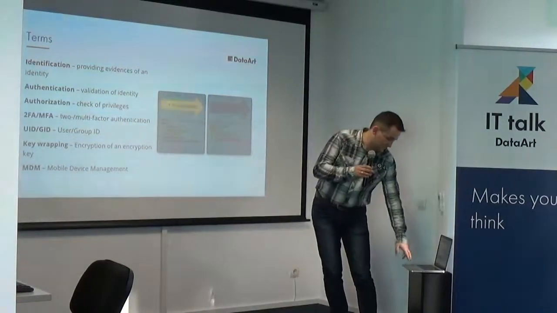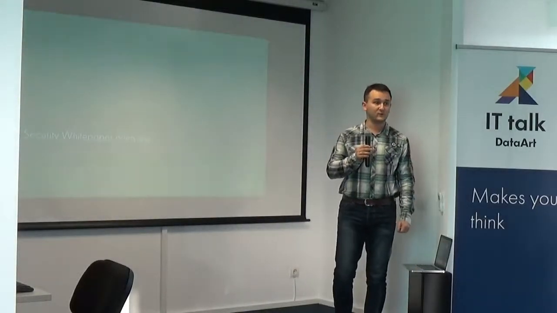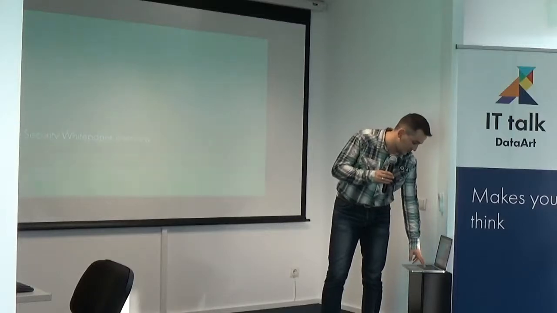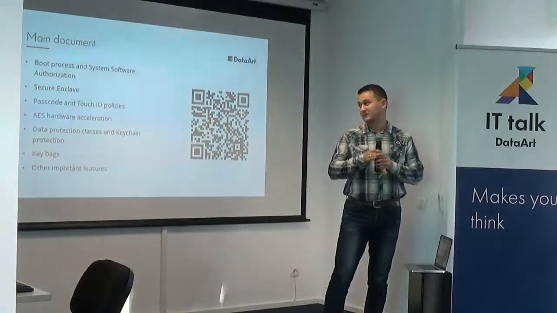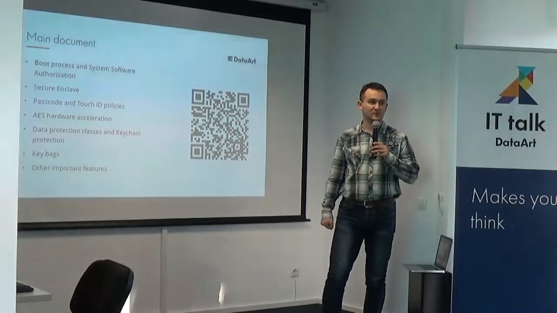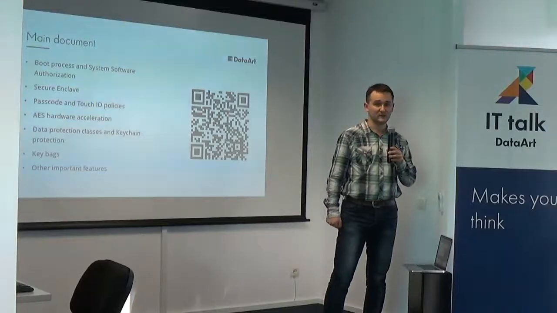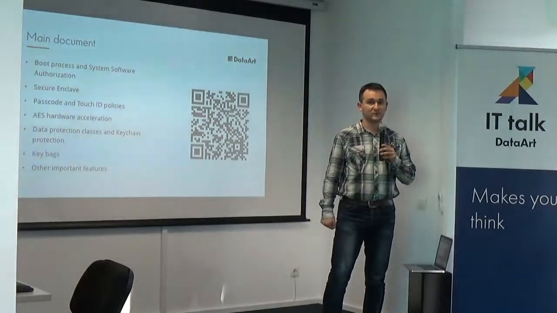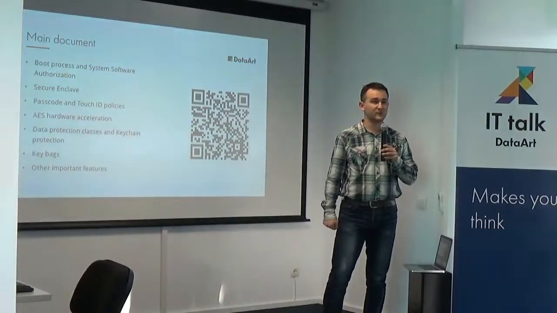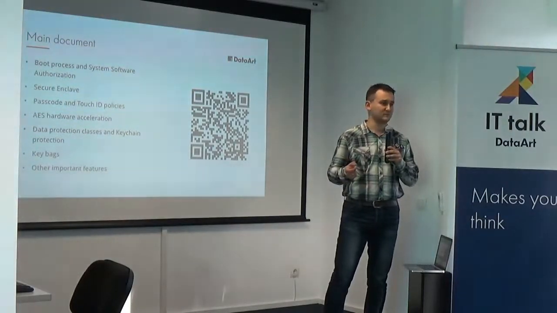So let's move on and have a brief overview of the security white paper. The most recent one is available via this link. It is a PDF document containing about 65 or 67 pages. Just for you to be aware that 2 or 3 years ago this document was much thinner and contained only 5 or 10 pages.